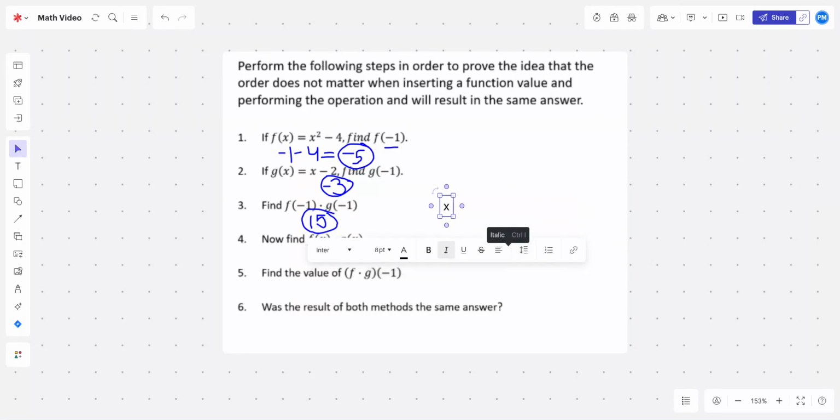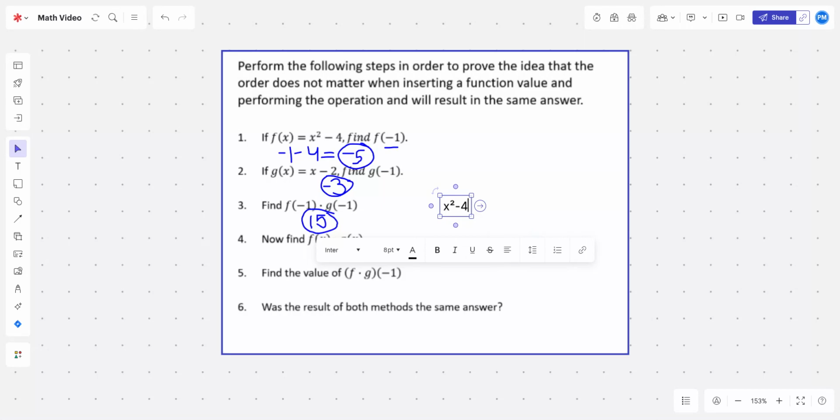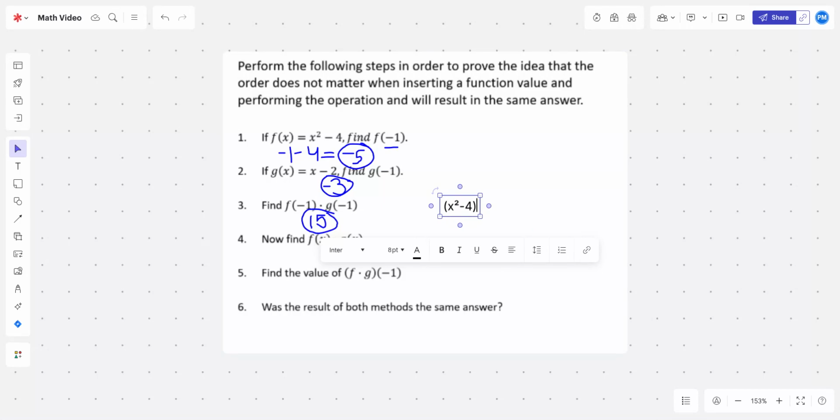So we get x squared subtract 4. I'm going to stick these in parentheses. And then g of x is actually just x subtract 2.